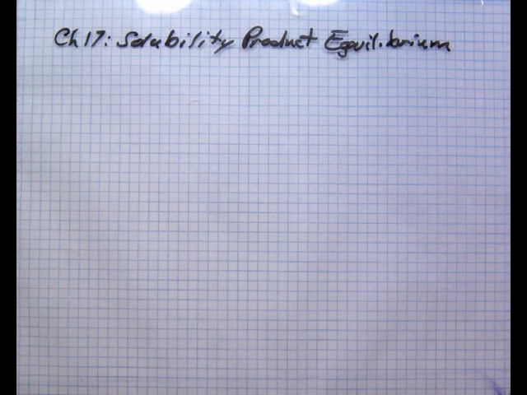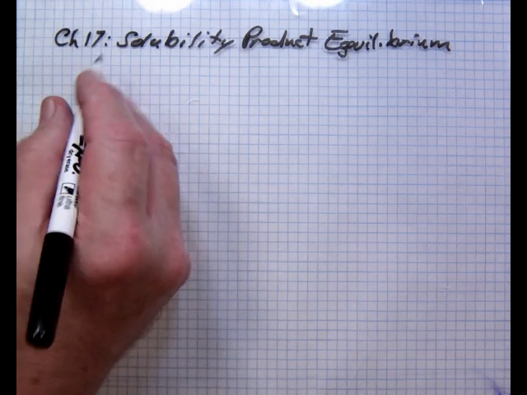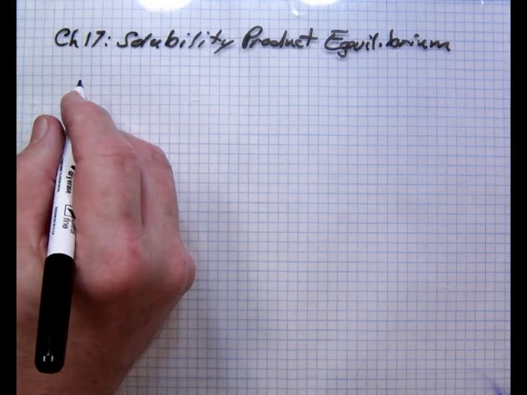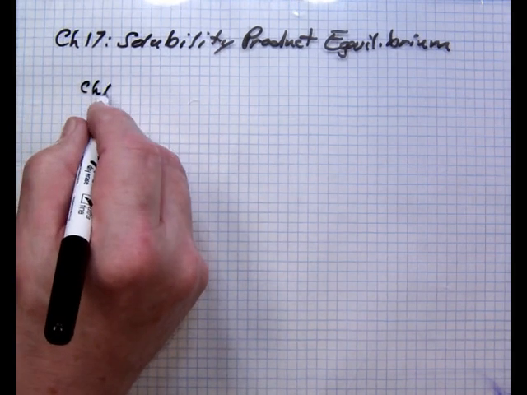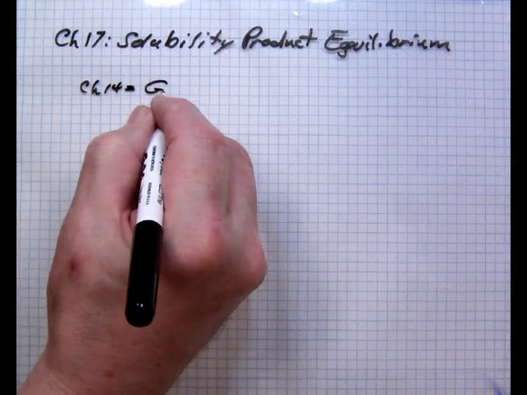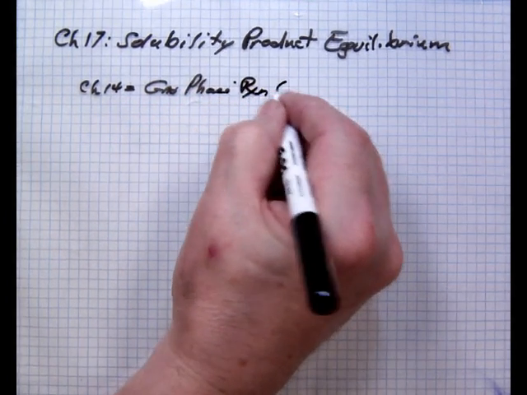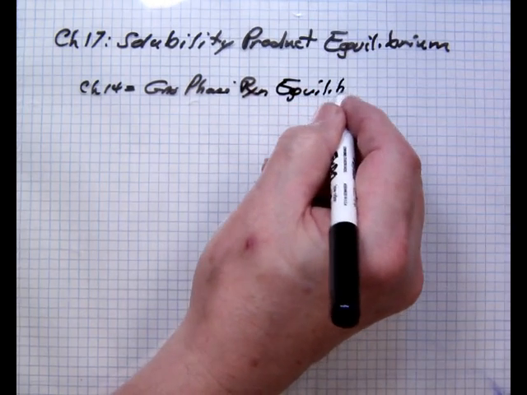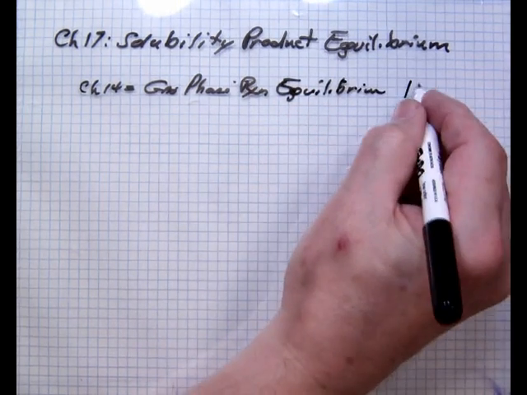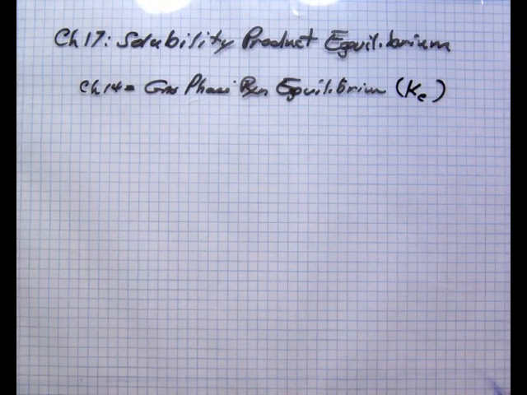In the course of presenting the sections and chapters on equilibrium, we started with the reactions all being in the gas phase. And so in, say, chapter 14, we talked about gas phase reaction equilibrium and the Kc expression or Kp expression.